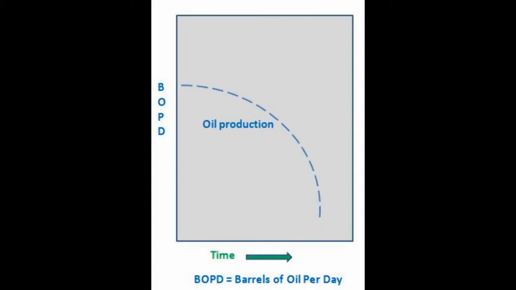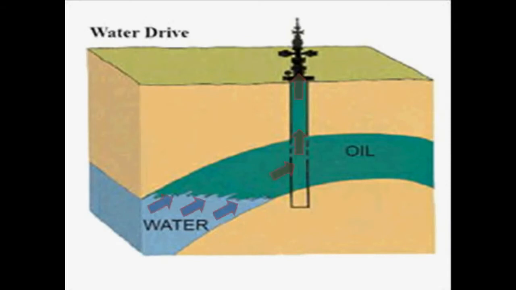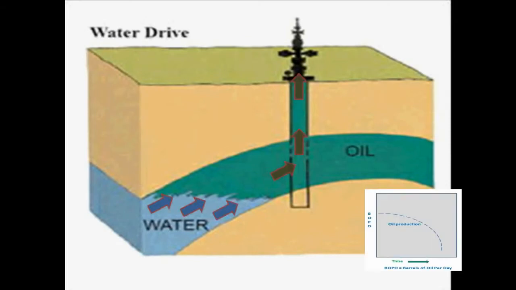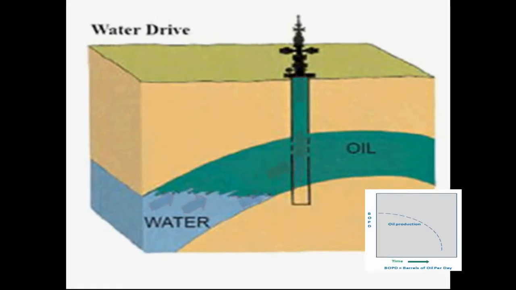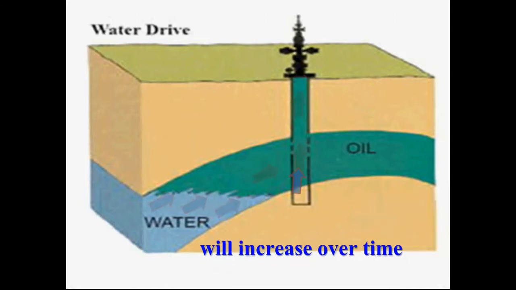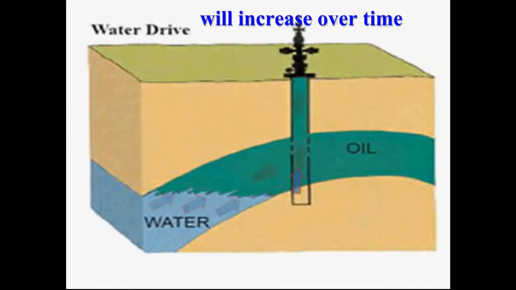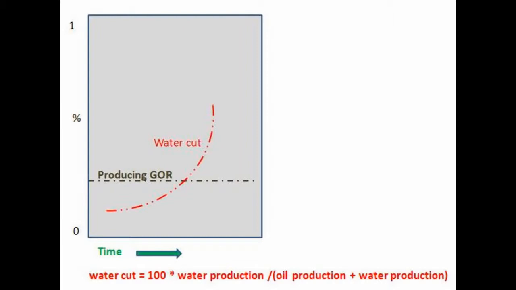Oil production holds steady at the beginning because pressure is maintained by the water pressure. Water production can start at any point and will displace some of the oil being produced. This water production will continue to increase as time goes by. We refer to the water production as the water cut.